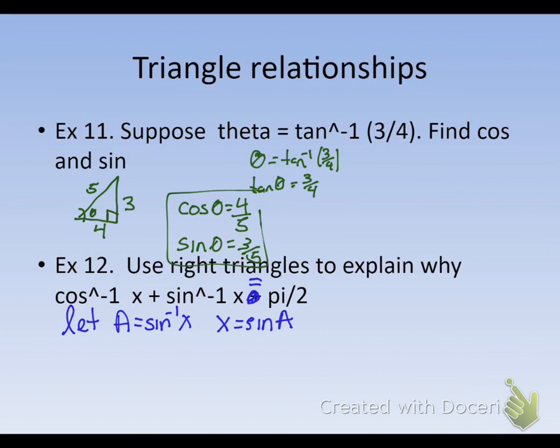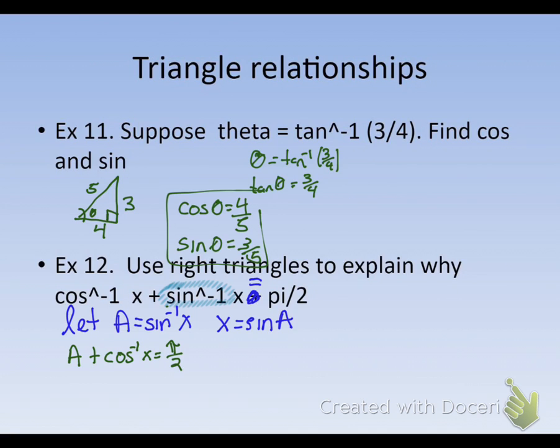I just picked sine inverse. So knowing that a equals sine inverse, where I have my sine inverse right here, I can replace that with a. So I have a plus cosine inverse of x equals pi over 2.